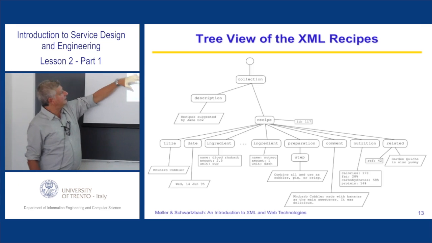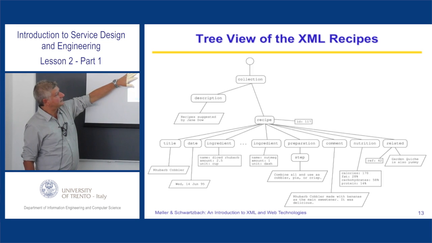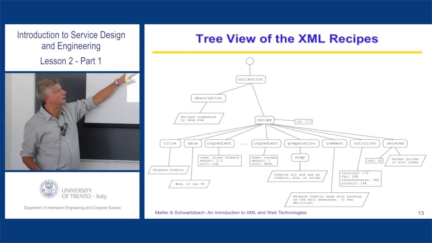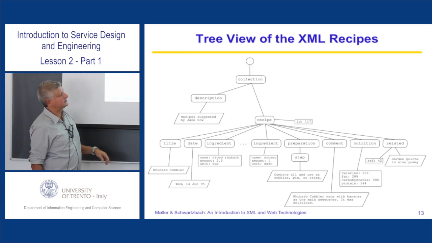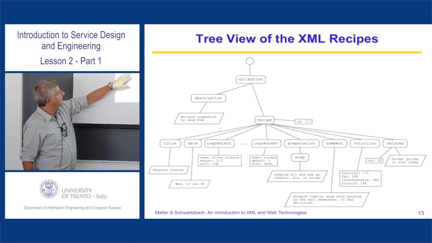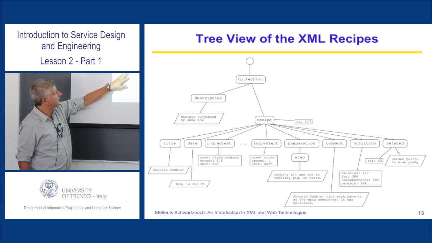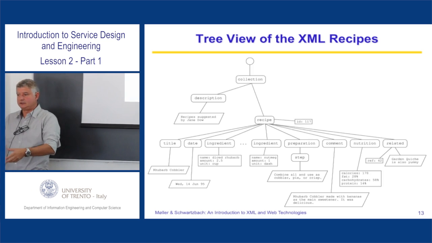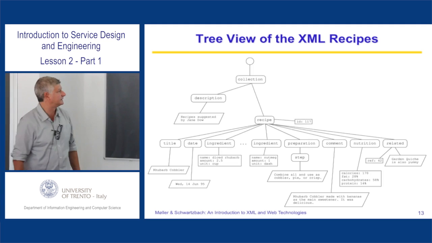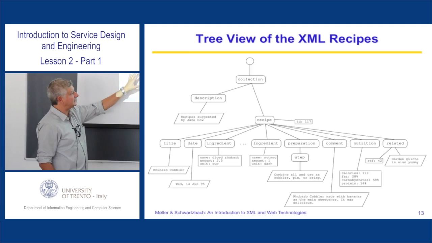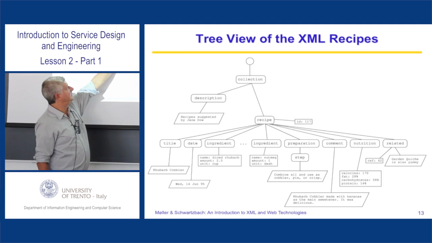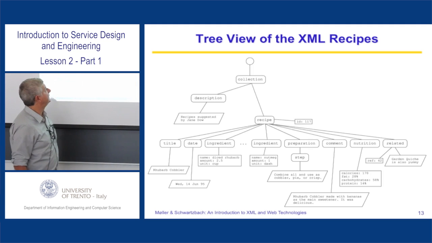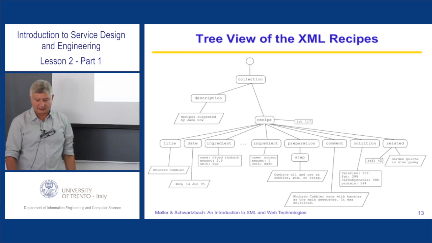And at the end, you have the actual information. So all these things are tags. The rounded boxes are tags. And this final rhombus here are the actual data, which are between the tags. And so data can be either within a tag or can be associated to the node as an attribute.